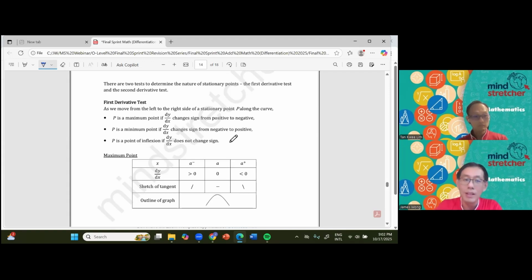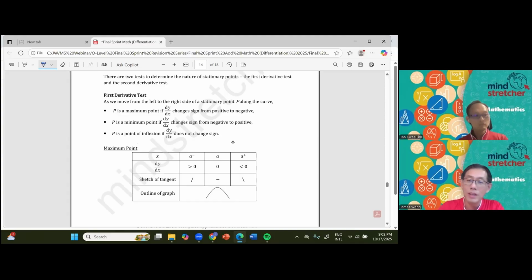If you have a curve, a curve can be any shape. Your gradient at any point is represented by your dy/dx. So if you have any point here, for example, you will have your dy/dx sloping at a certain angle, a certain slope.